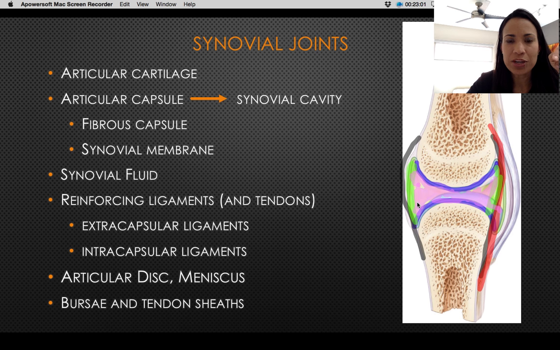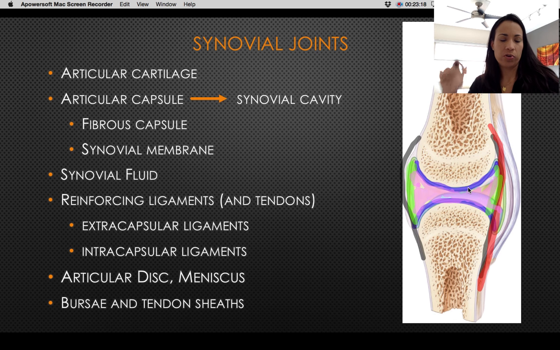Examples, the cruciate ligaments of the knee. We'll describe that later. And a pad, just imagine a little pillow that you will put in here. If the bones don't fit perfectly, that will be the meniscus or the articular disc. And the bursa and the tendon sheath were already explained in this slide.